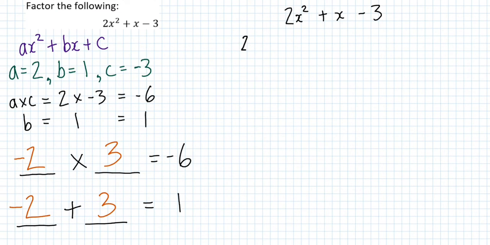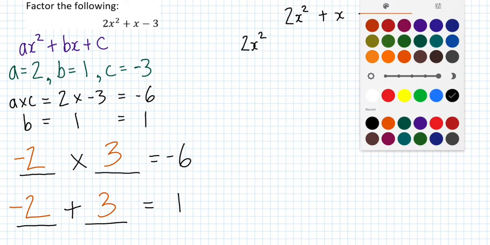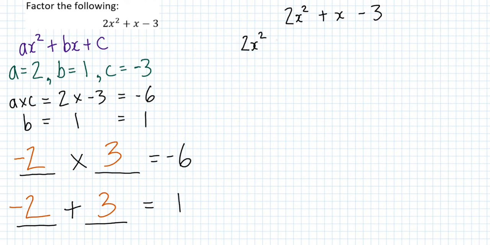So it'll be 2x squared minus 2x, again, got the negative 2x from the last step, plus 3x minus 3.